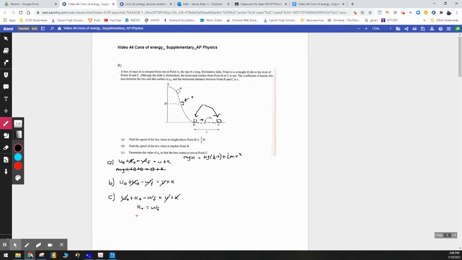So 1/2 mv squared is going to equal mu k mg times delta x. We have everything that we need here to solve for mu k. We'll hit pause and let you work on that.